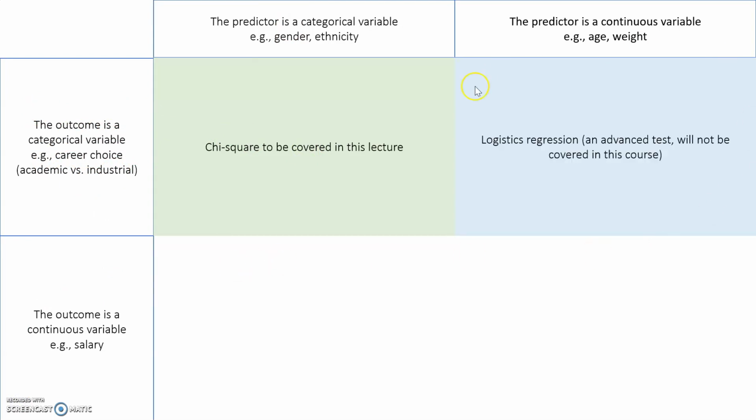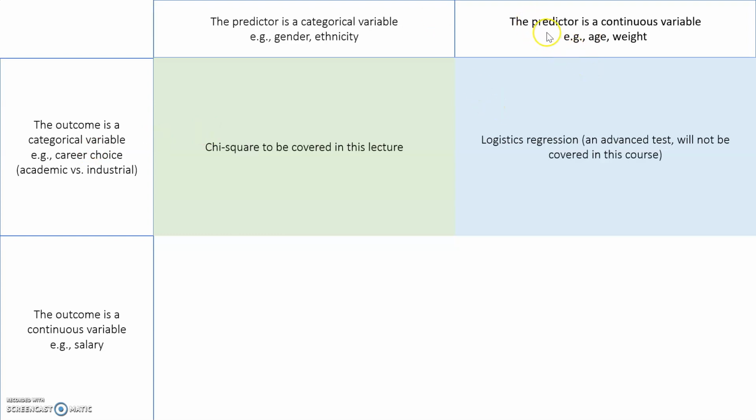Okay, so let's move to this blue or green box. This is a test called logistic regression. When are we going to use this test? That is when we have a continuous predictor, but a categorical outcome variable. Let me give you one example. Let's say I want to see whether people's weight or height would influence their career choice.